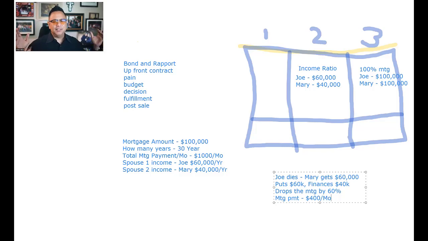So Mary gets 60,000. She goes to the bank and says, I want to refinance my house. Here's $60,000. They said, oh, yes, we'll be happy to refinance your house. So you're going to drop your mortgage down by 60%. So your resultant mortgage payment is now 40% of what it was before, which is $400 a month, because 40% times 1,000 a month is $400 a month.